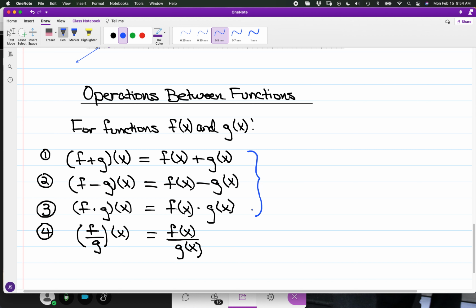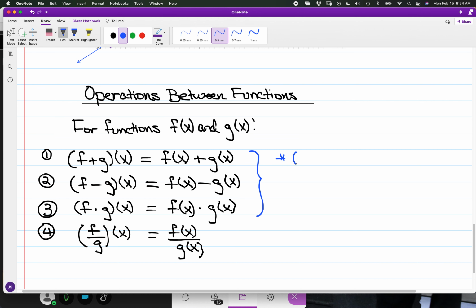Just to cluster together the sum, difference, and product functions, these operations are going to have the exact same domain.